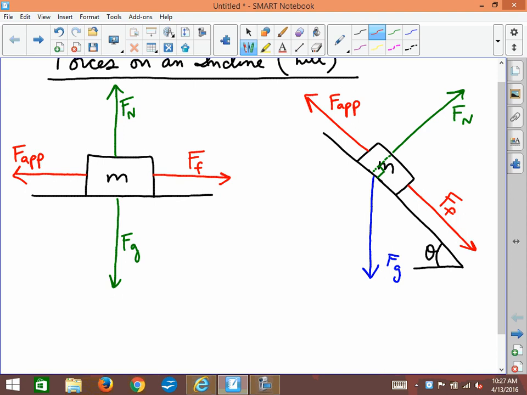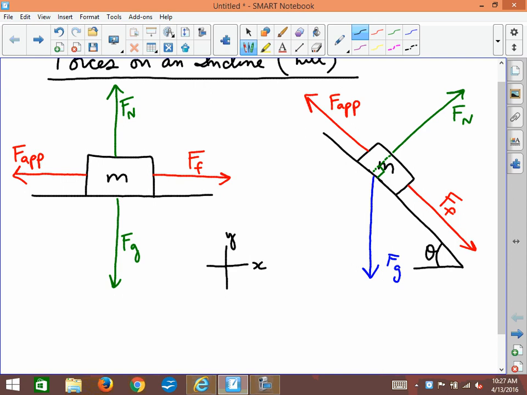Now, under normal circumstances, if we consider our regular xy axis like this, we would see that only the force of gravity is lined up with the y-axis, which means we would have to find all the components of all the other forces. And that's a lot of work.